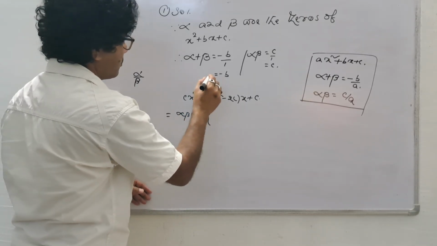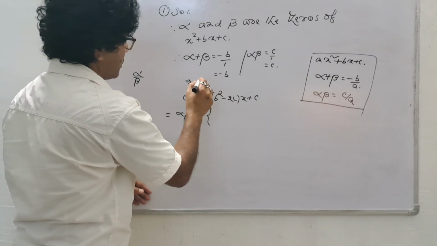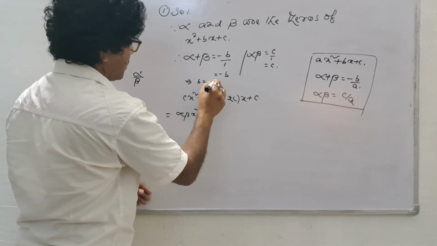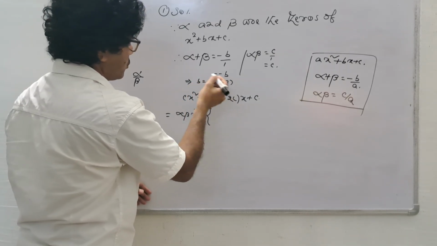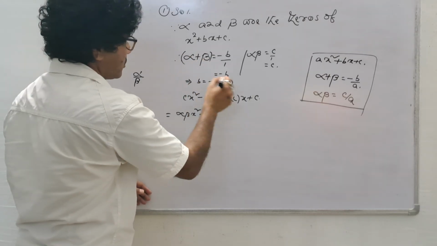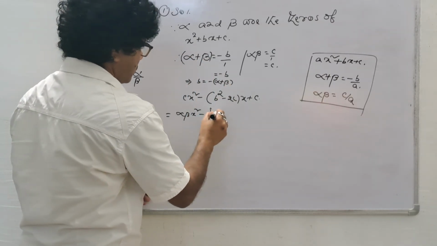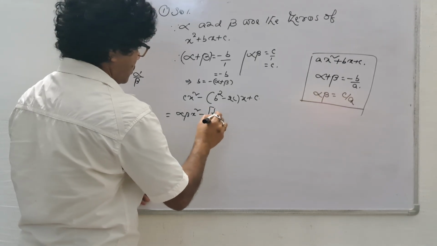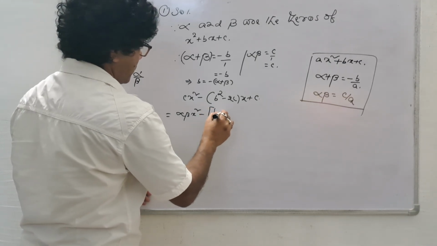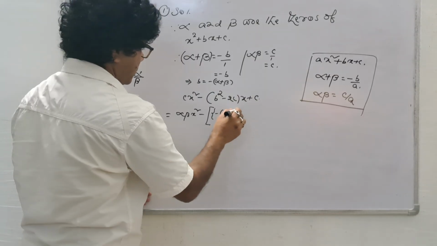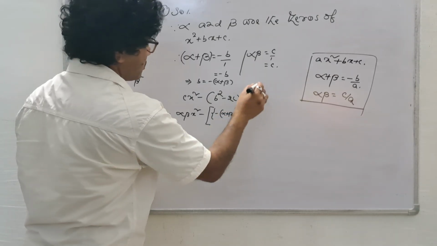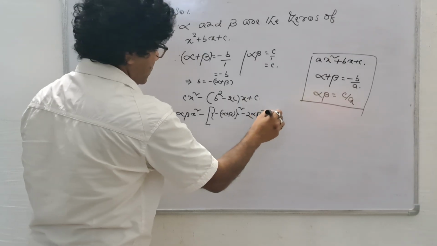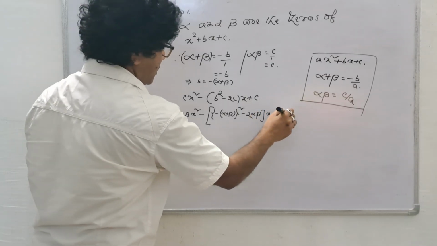And b we have got from alpha plus beta equal to minus b, so b is equal to minus (alpha plus beta). So b squared is alpha plus beta whole squared, and c is equal to alpha beta.